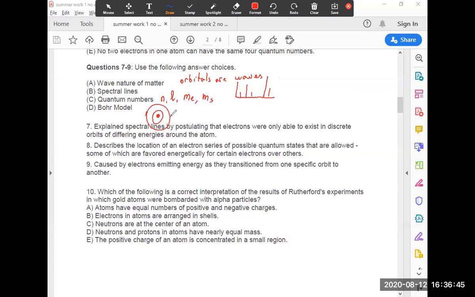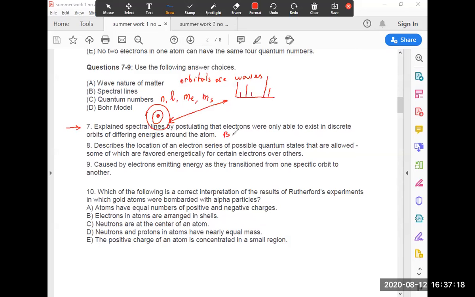So according to the meaning of this, what can we answer for question number 7? Explain the spectral lines by postulating that electrons were only able to exist in discrete orbits of different energies around the atom. Well, it looks like this is the atom that they are talking about. The spectral lines, those are connected, right? But those spectral lines identify only electrons in very specific levels of energy.